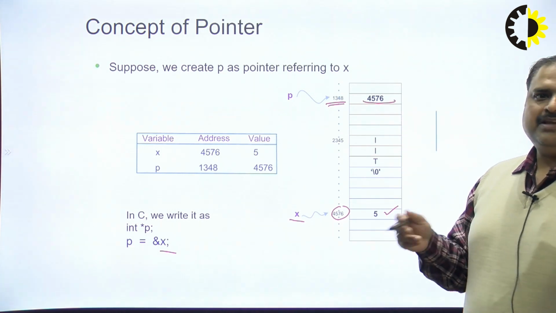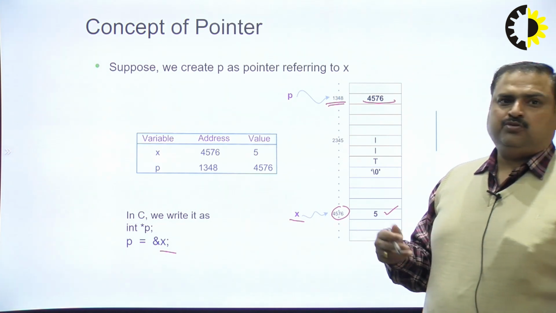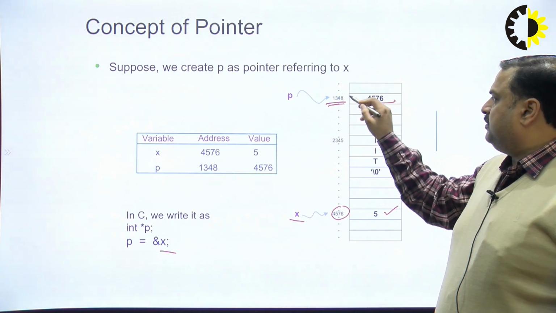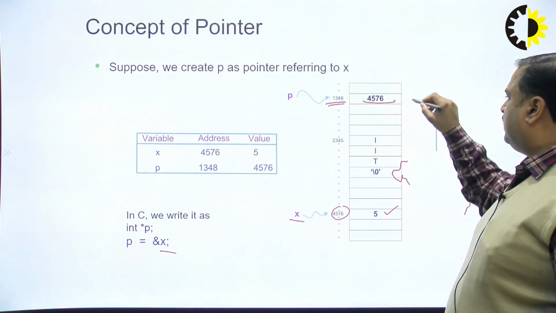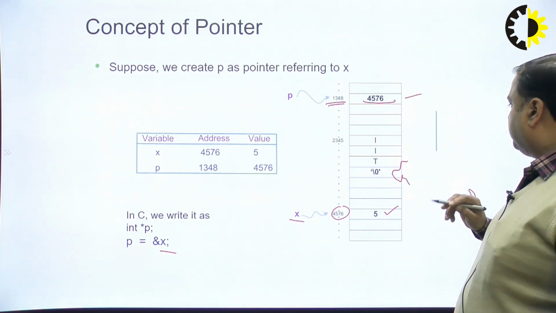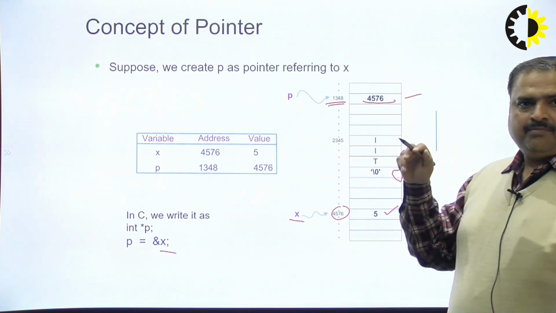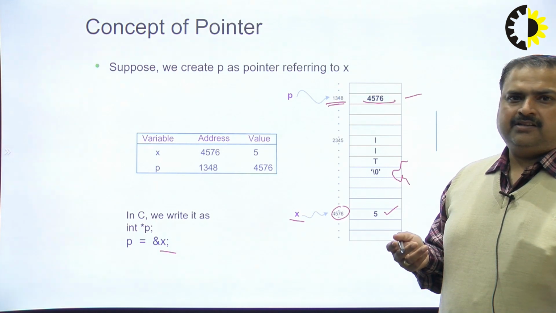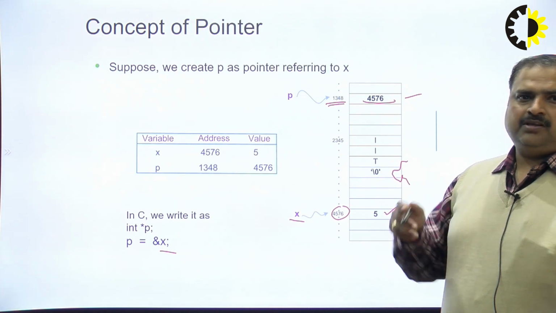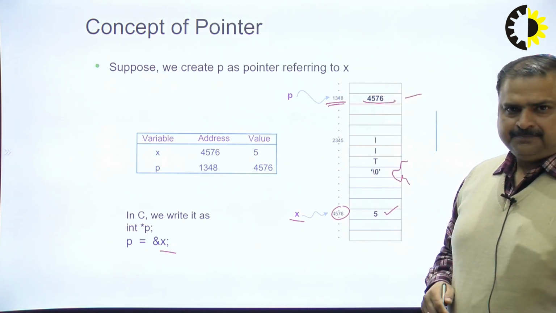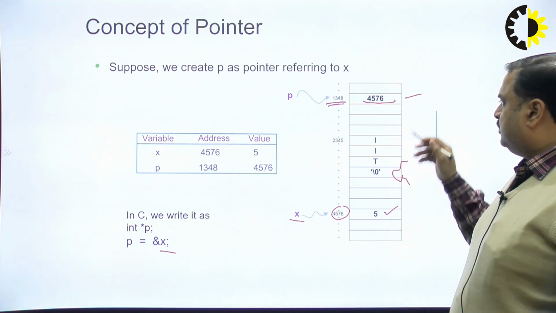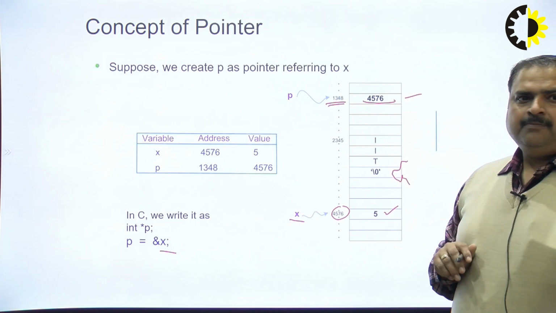The address of variable x is stored in the pointer p as content. So, it will consume some memory area. Pointers may have a memory requirement of 8 bytes in some compilers, and they will be stored somewhere in the memory.